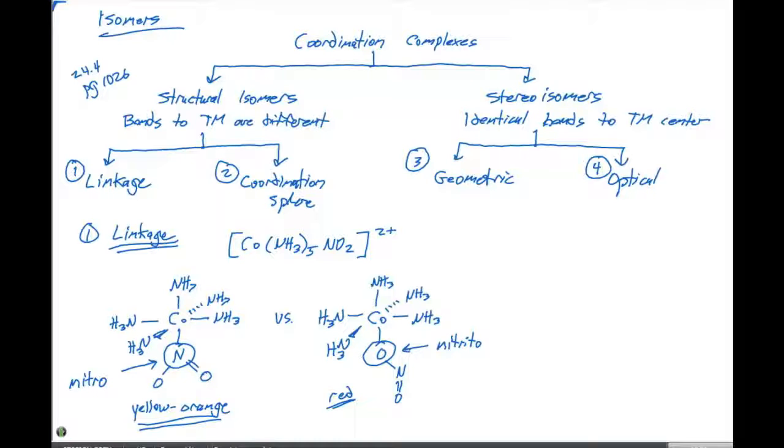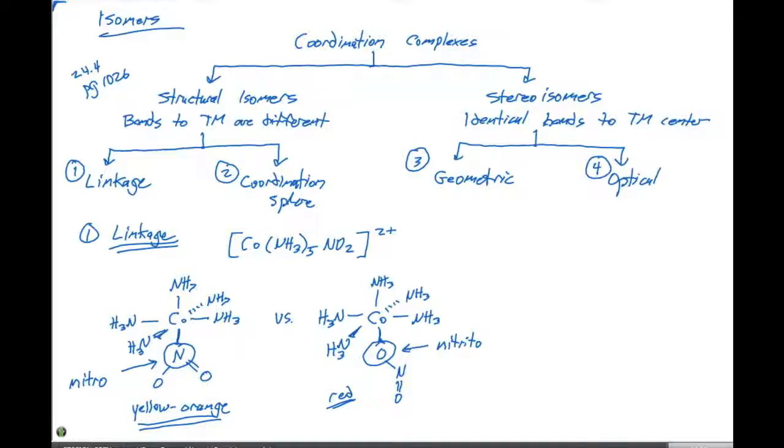We have the same ligand. In case number 1 down here, the bond is directly through a nitrogen. In the case over here on the right, the bond to the cobalt is through an oxygen. So we have the same exact complex, but we have different bonding environments around here. And as a consequence, we have different colors.